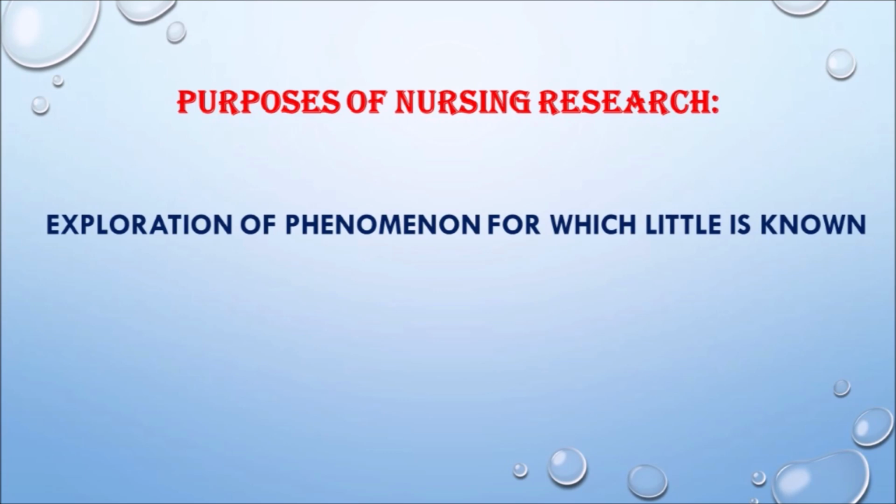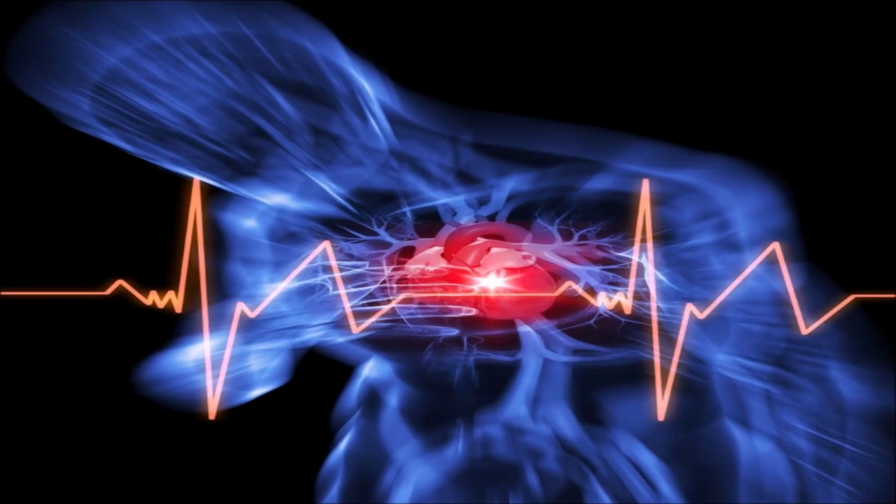For example, here we can take hypertension or a patient suffering with a cardiac disorder. First, what will we do? We will describe the phenomenon, that is, how the patient got the cardiac disorder. Then we explore the factors which are responsible for this disease, meaning we analyze the previous lifestyle of the patient.